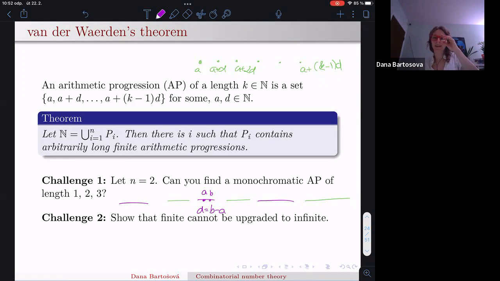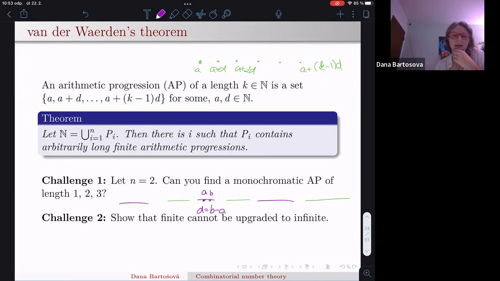It is something that you can do just on paper, hands on. So it's fun. Now, it's also a good idea to ponder why I cannot upgrade to infinite. Can you give me a coloring? And actually you can do it with two colors only, or split natural numbers into two pieces such that neither of them is going to have an infinite arithmetic progression.